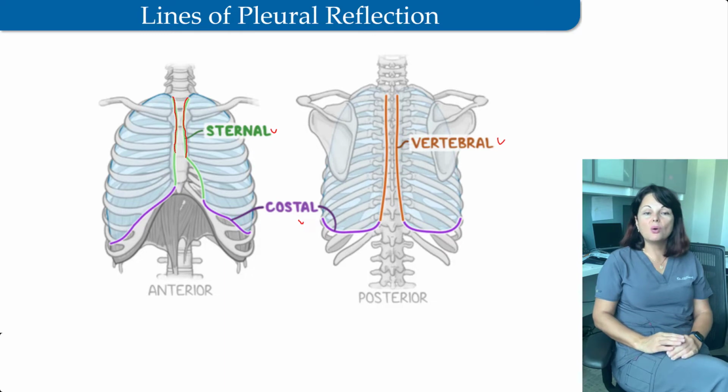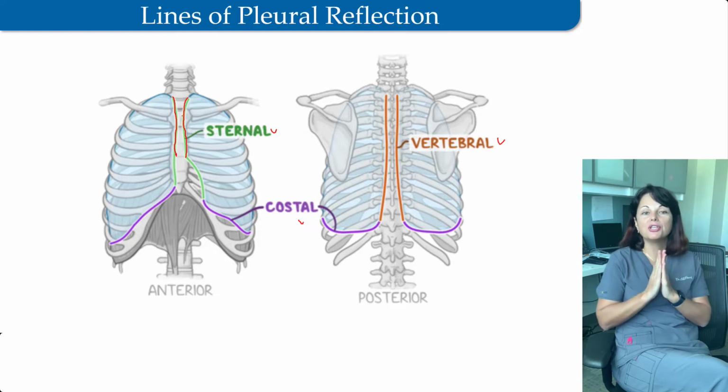Between the levels of the fourth and second costal cartilages, the right and left lines descend in contact to each other. The pleural sacs may even slightly overlap each other.